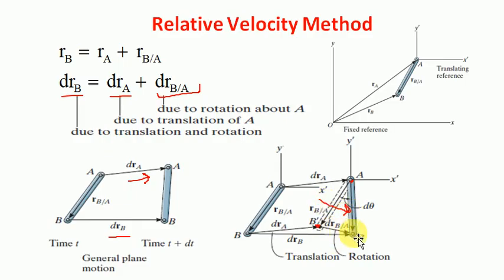That means dRB is this one. So this gives us the final position of dRB. This is how we find the net displacement of point B, which will be the sum of the translation by which A has moved and the rotation about the A axis.